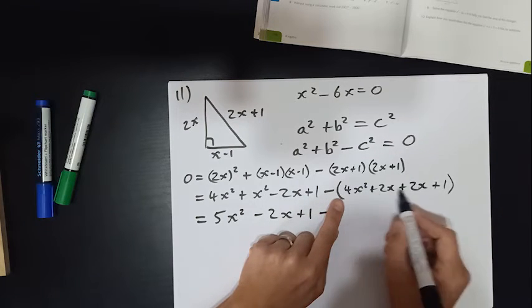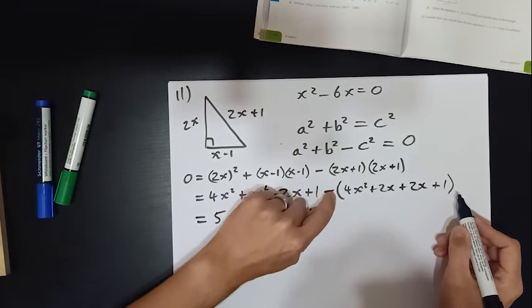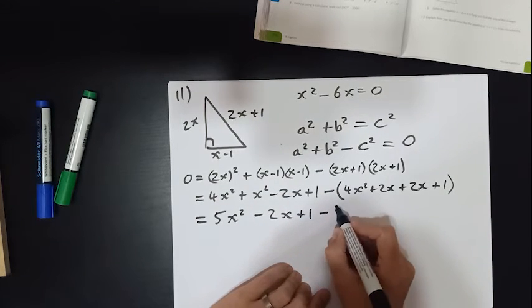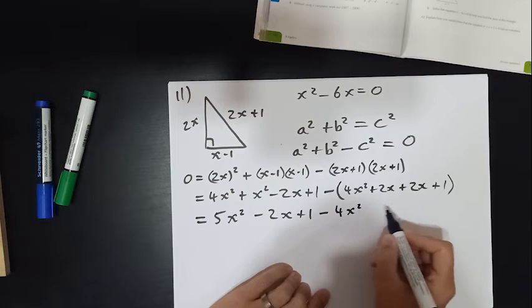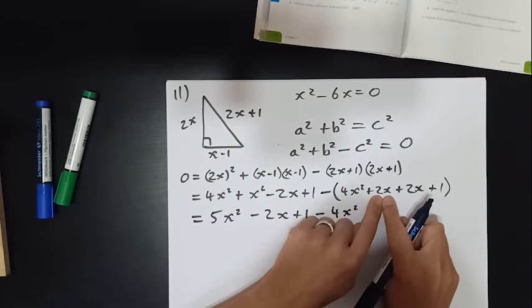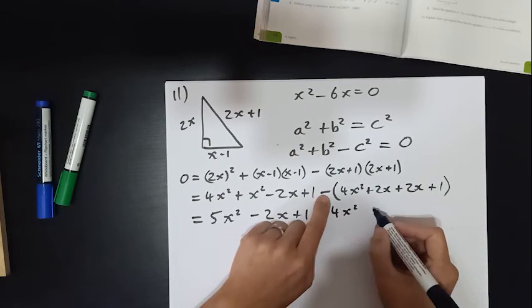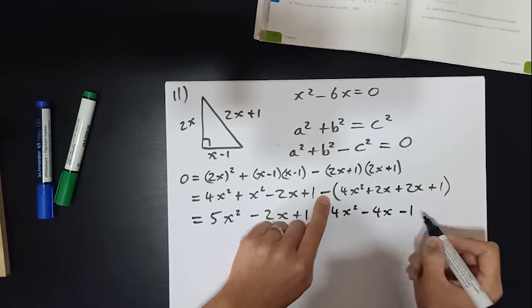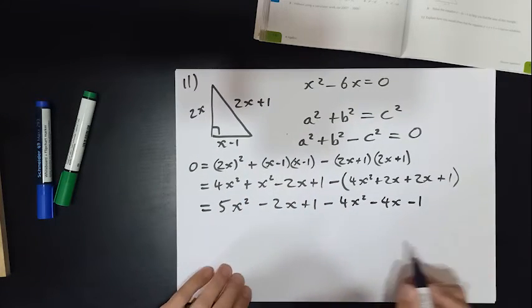Okay, so now let's take out the brackets. All of these need to be times by minus 1, don't we? Because there's a minus at the front. So this becomes minus 4x squared. 2x plus 2x, that's 4x. Minus 4x. Minus 1. Okay, so now the brackets are gone.